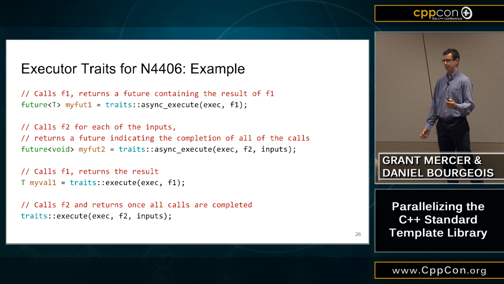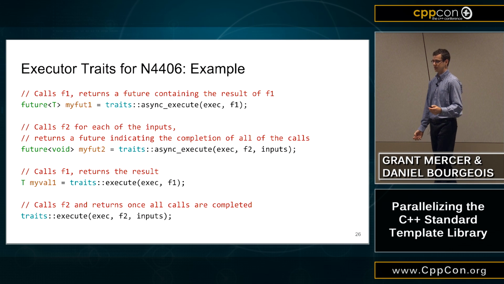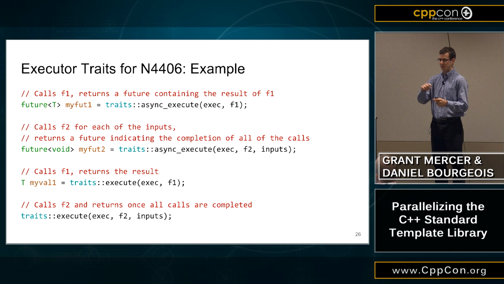They don't need to define those functions because they can just be synthesized by async execute. However, in some cases it makes sense to define a bulk version of async execute because for an executor it might be easier to create all of these function calls at once instead of just doing a simple for loop over the inputs, in which case the executor traits would default to the executor's function.